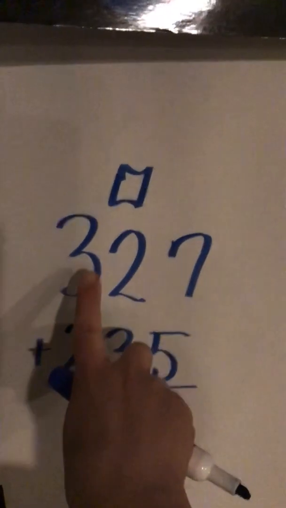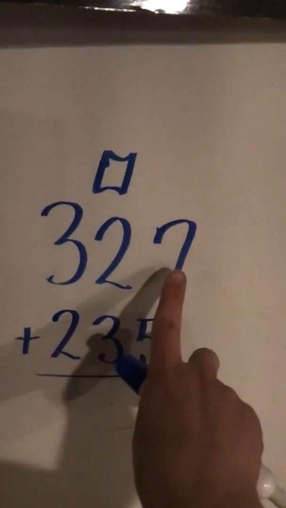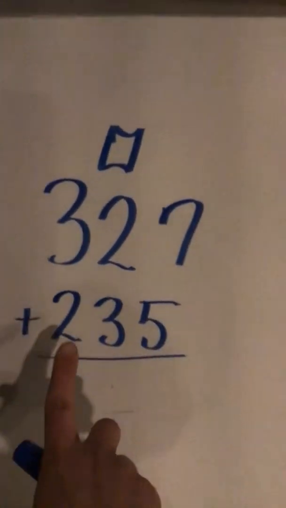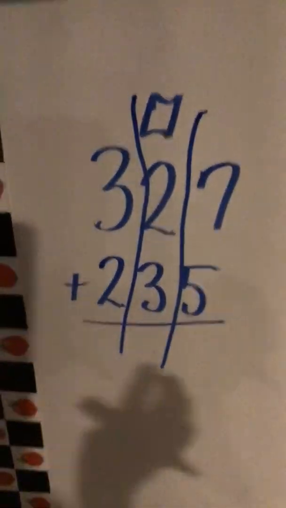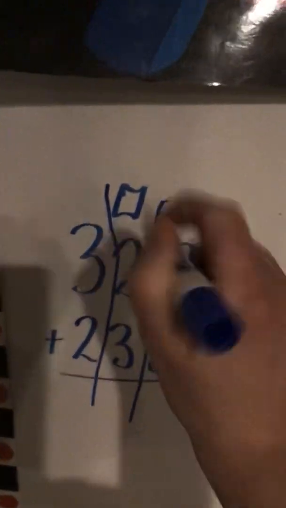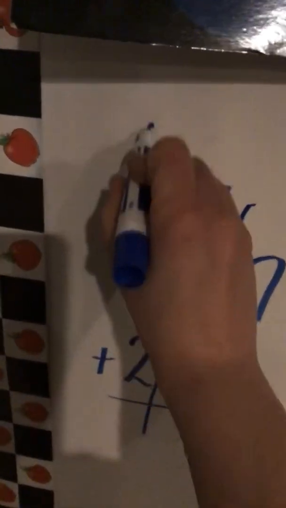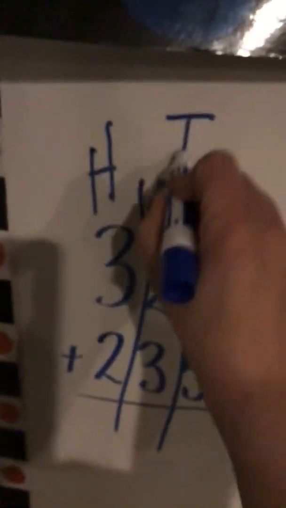Here I have 327 plus 235. Now, if it helps, you can still draw lines between the hundreds, tens, and ones to remind you of what column belongs where. So here we have the hundreds, the tens, and the ones.